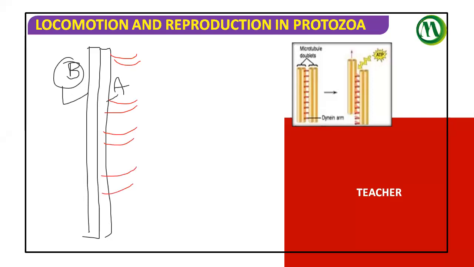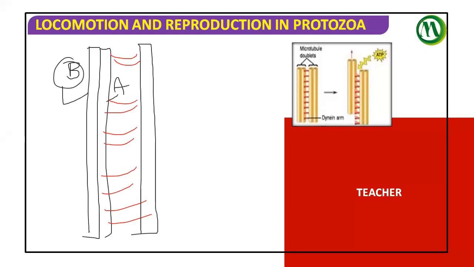The dynein arms, which are made of a special protein called dynein. These dynein arms are going to pull the neighboring microtubular doublet, which is B. This is B and this is A.